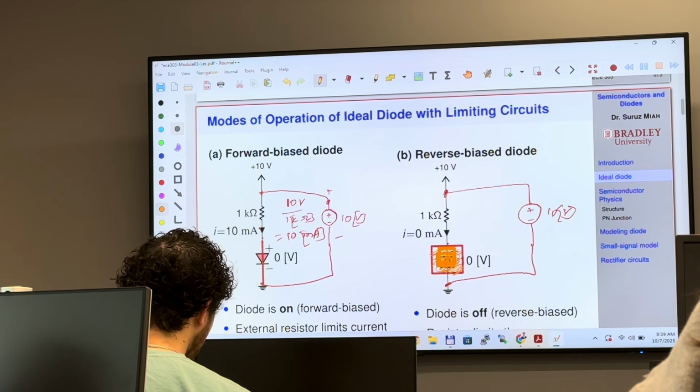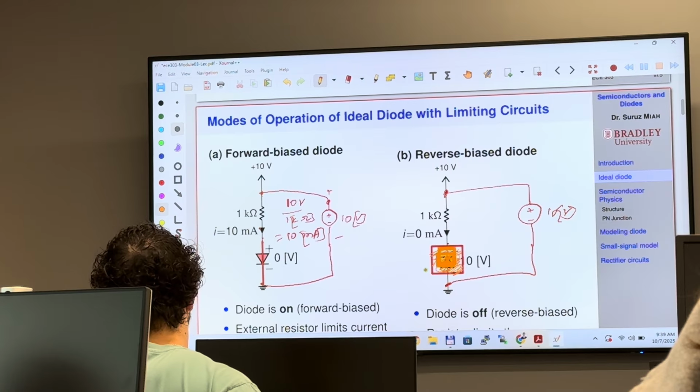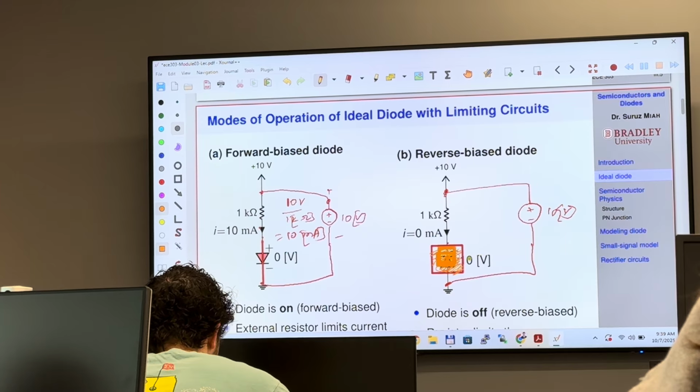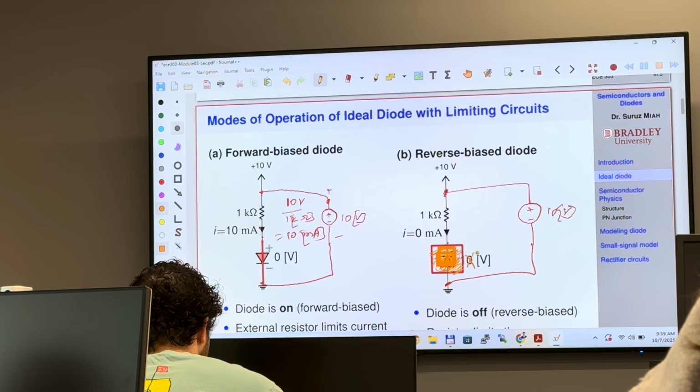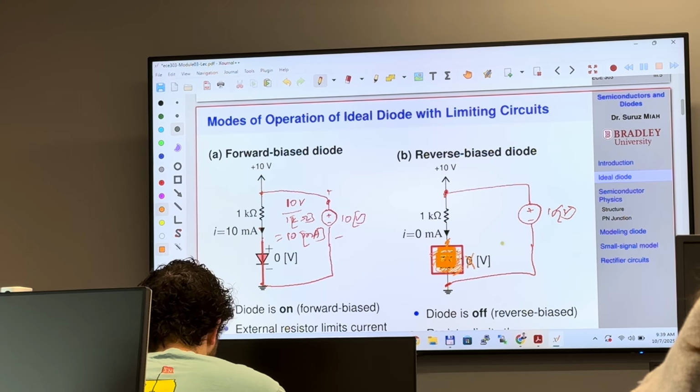It's an open circuit. Actually, I made a typo here. It is not going to be 0 volt. It is going to be what we apply here. If you have a voltmeter right here, you will see this 10 volt.